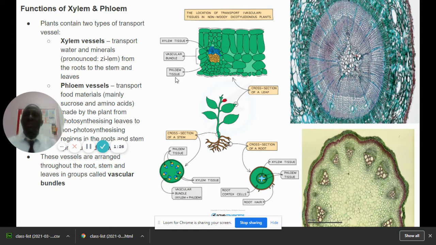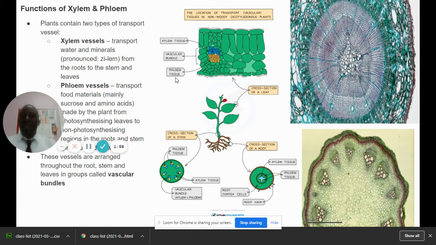And the phloem vessels are living vessels, made up of the sieve tubes as well as the companion cells. They are living cells, which are important in translocation of manufactured food from the source where food is manufactured to the sink where food is required.